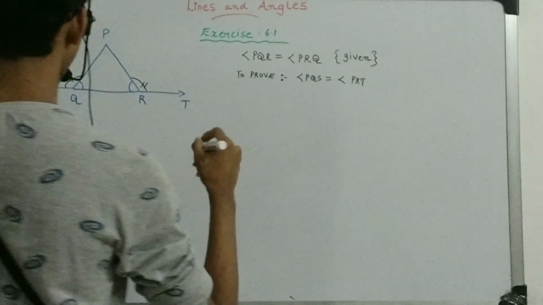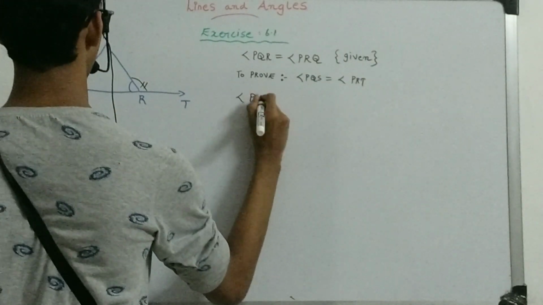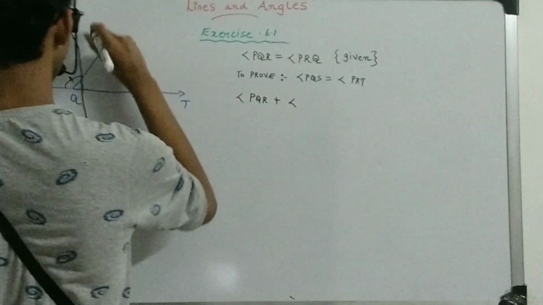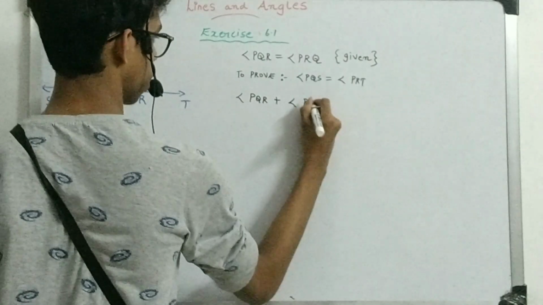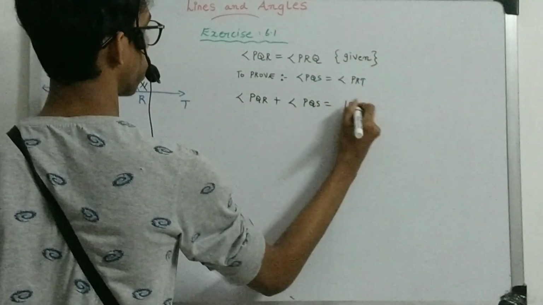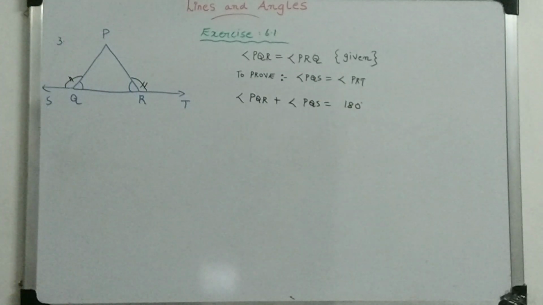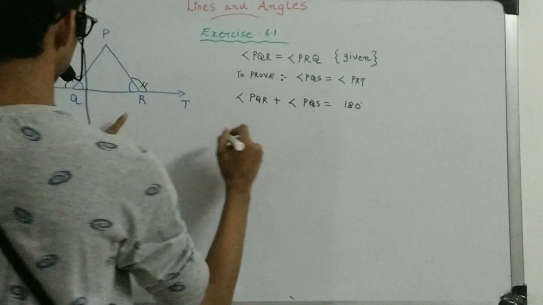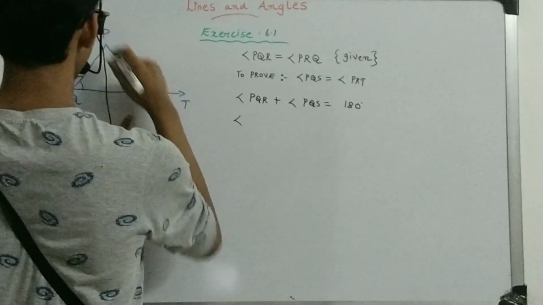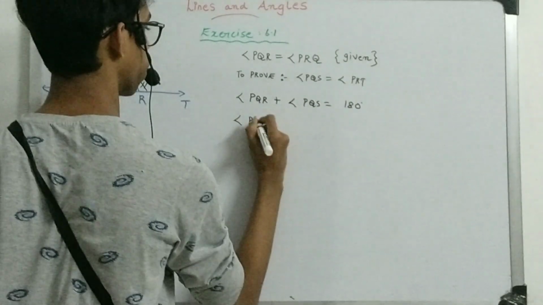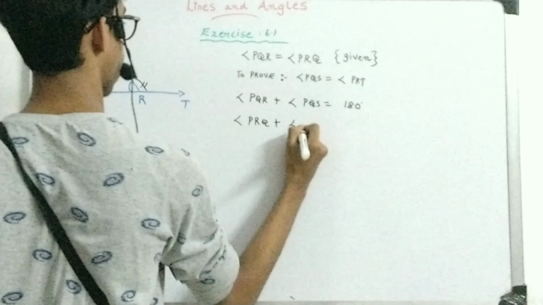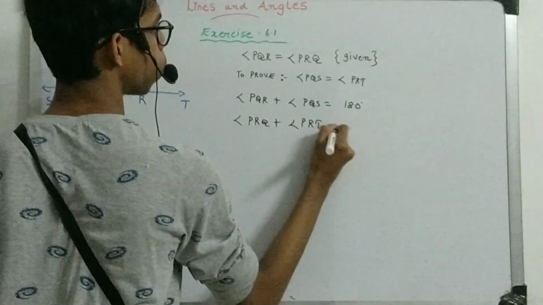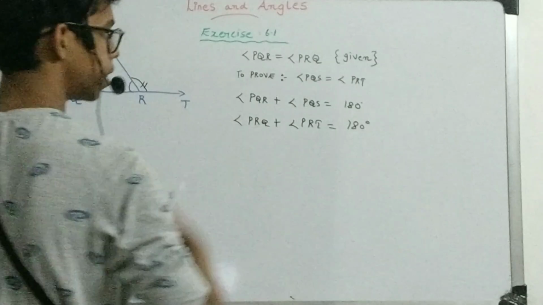So from here I can write angle PQR plus angle PQS is equal to 180 degree. Similarly, PR also stands on the line ST. So from here I can write angle PRQ plus angle PRT is also equal to 180 degree.